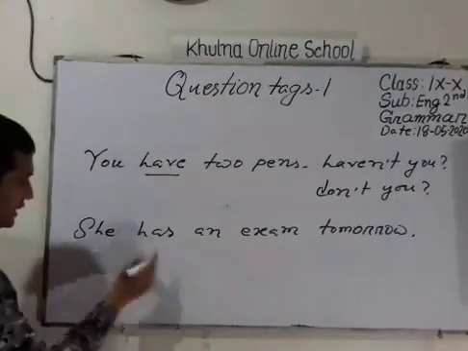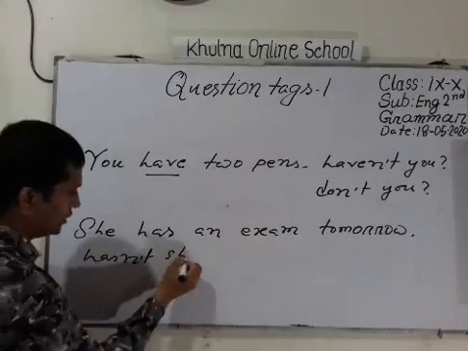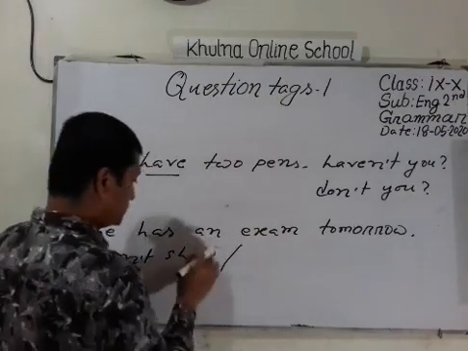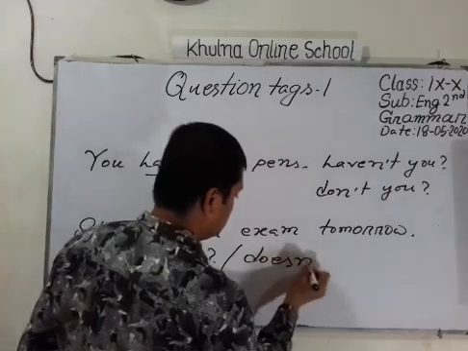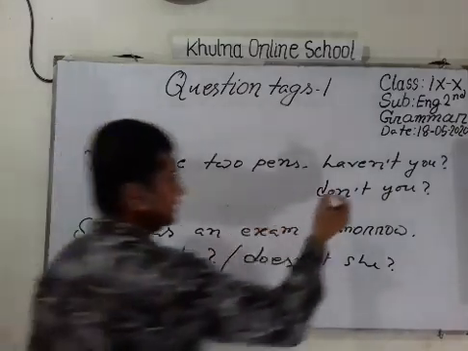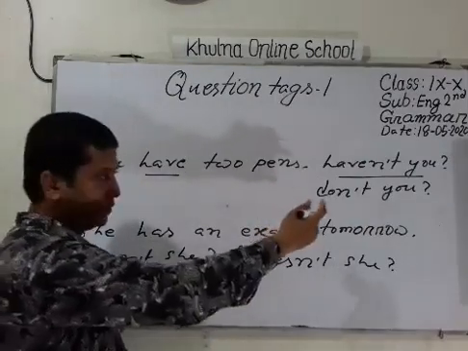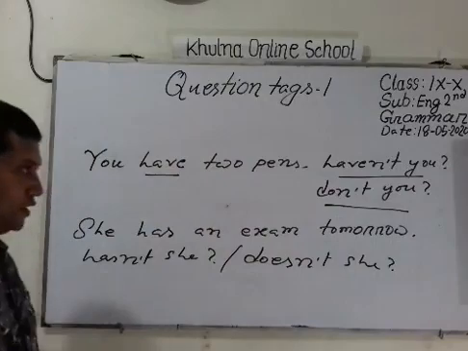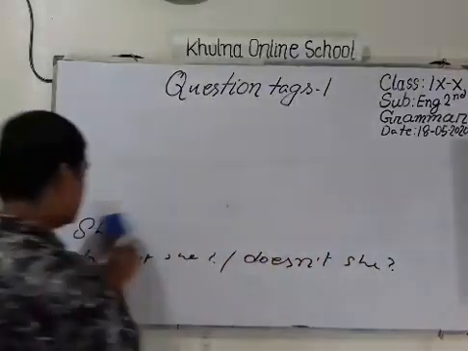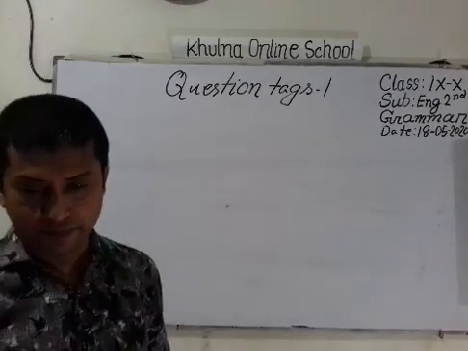And in this case we can write, hasn't she? Or doesn't she? Both are right. The British people use this, and the American people use this. Okay, no problem. You can choose any one from these 2 options. Thus you can use a be verb when it is used as a main verb.